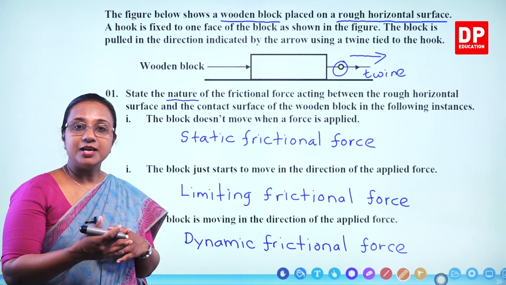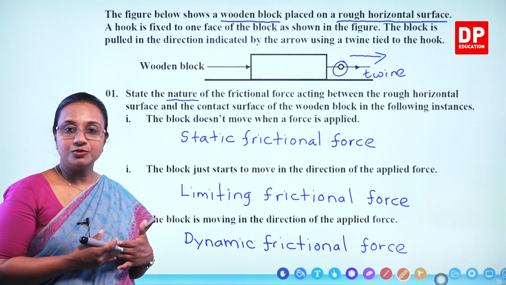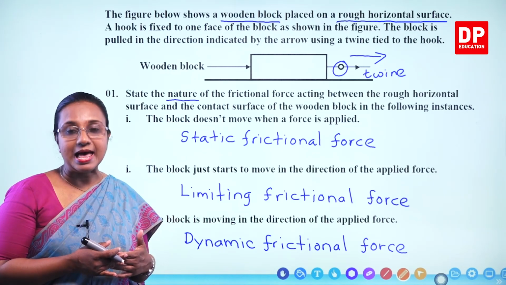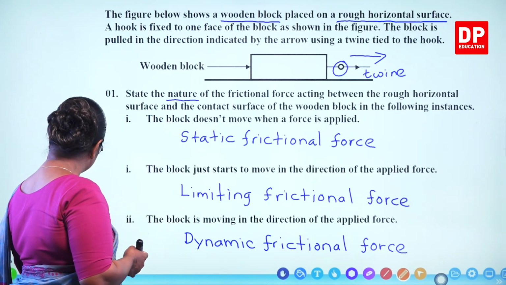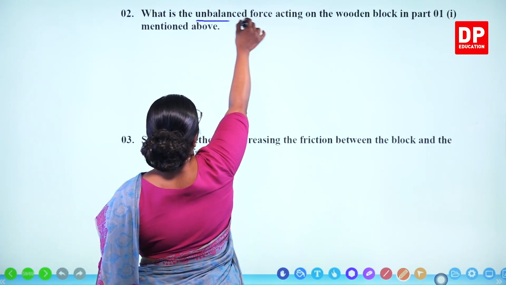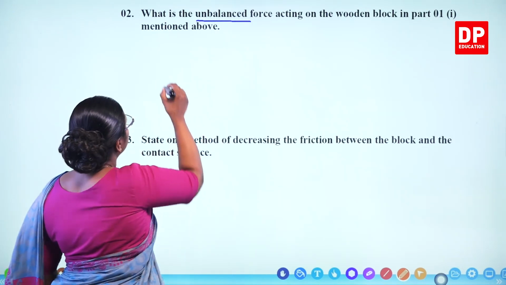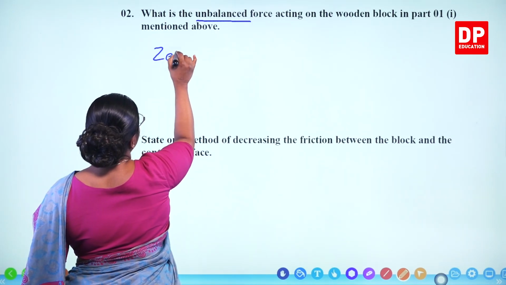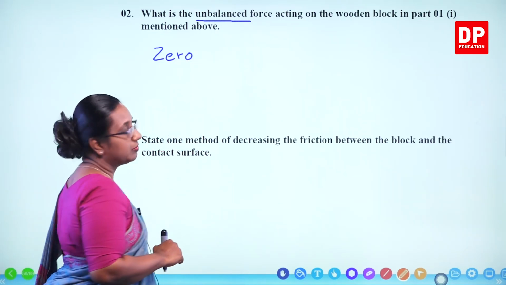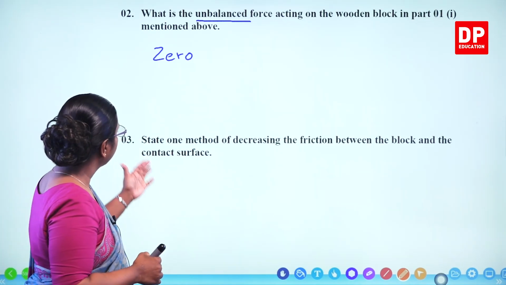So we apply a force and the surface exerts a force. They are both balanced. So what is the unbalanced force acting on the wooden block? It will be 0. So here we have to write 0, or you can say no unbalanced force.